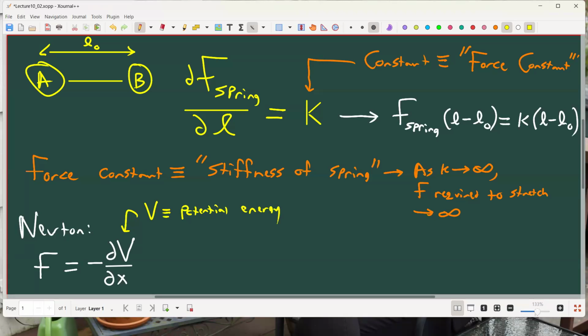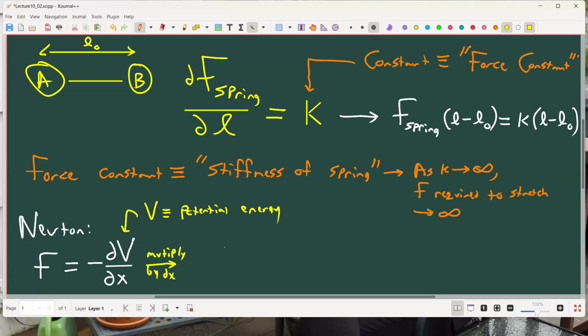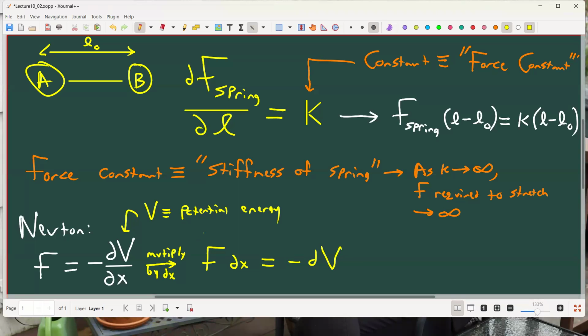To calculate the potential energy, we need to integrate both sides. If I multiply both sides by dx, I get f dx is equal to minus dV. If I integrate both sides, the integral of the force with respect to position gives me the potential, because this just integrates to negative V.